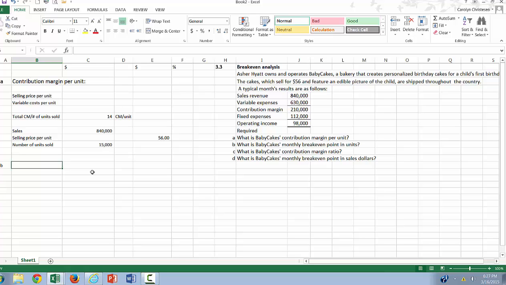Okay, in part B, they want to know the monthly break-even point in units. Okay, let's recall and write down our break-even in units formula. It's equal to fixed costs divided by contribution margin per unit.